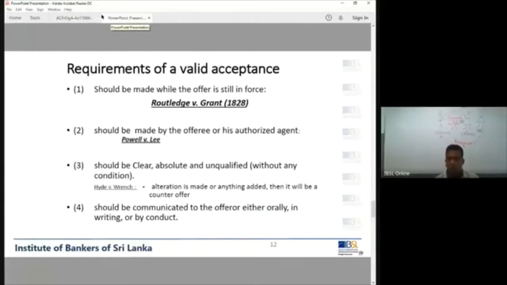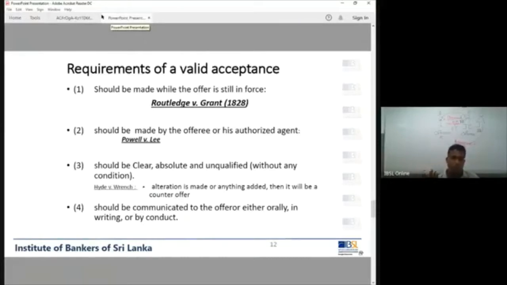Verbally or orally, or in writing you don't write, but you accept the offer by conduct. For example, say your friend has lost his pet cat, and he said, look here, I lost my cat.